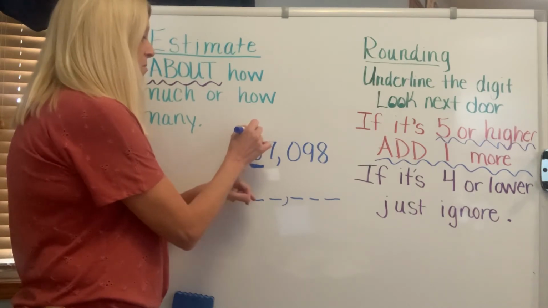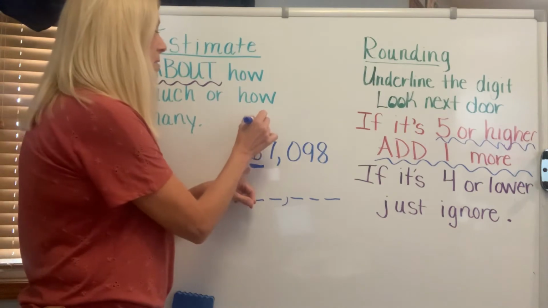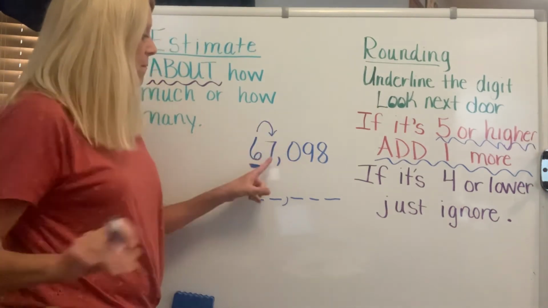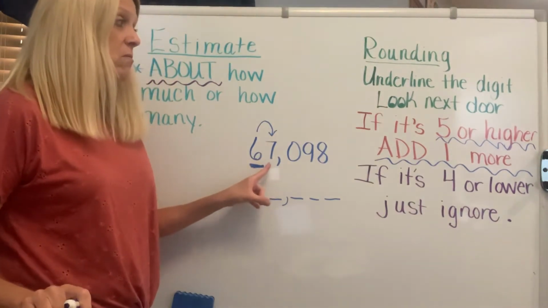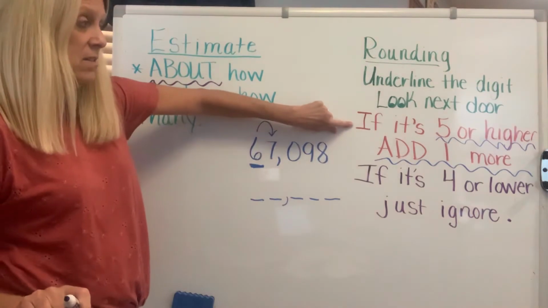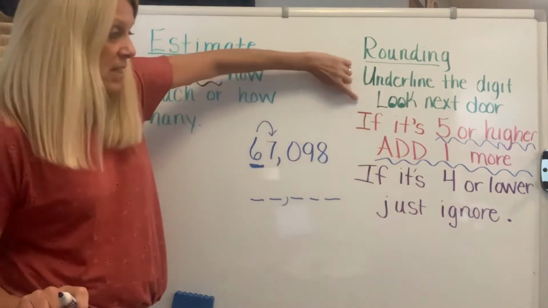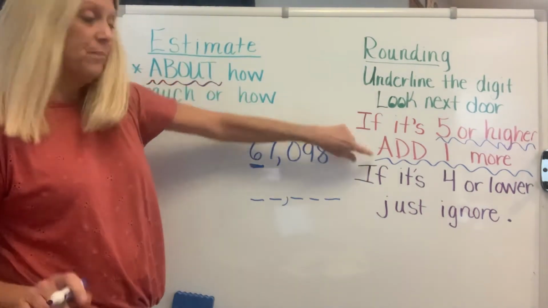I've already underlined the digit, so I'm going to look to the neighbor next door. I like to draw this little arrow to remind me to look at that neighbor next door. And that neighbor next door, is it 5 or higher or 4 or lower? Well, we see that it's 5 or higher. So that means I'm going to add one more.